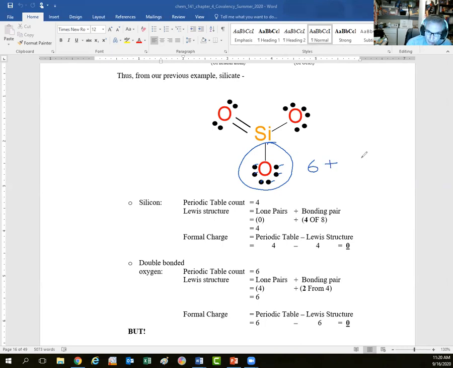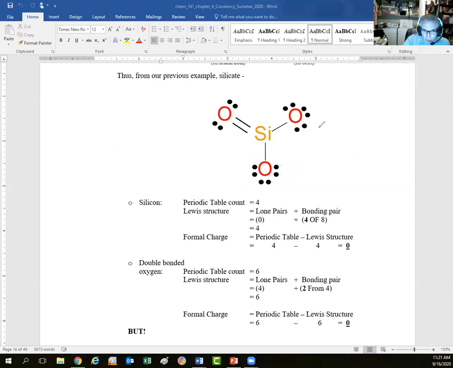And then 1 of the 2 bonding electrons. So the count is 7. So that periodic table position told us 6, but it's actually 7 of the 8.